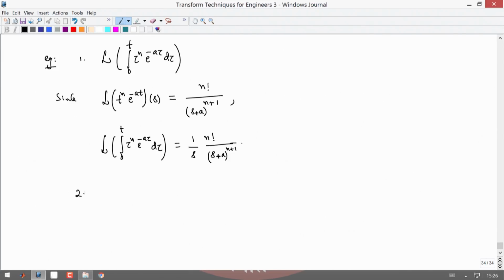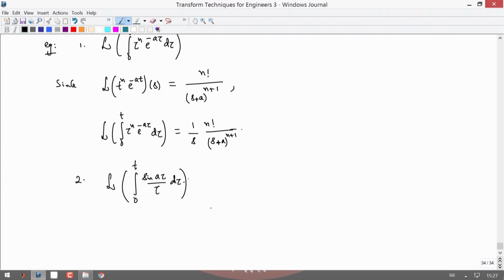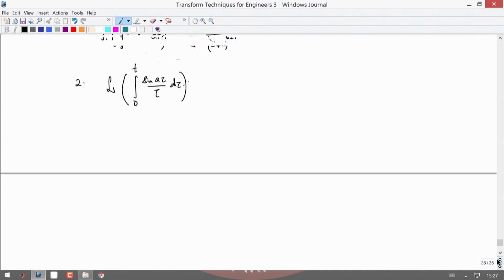You can do also some other example, like what is the Laplace transform of some integral, that is sin a tau by tau d tau. So, we know already the integrand, what is the Laplace transform of this integral.